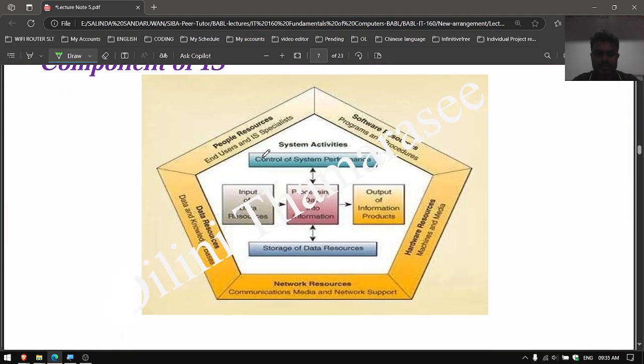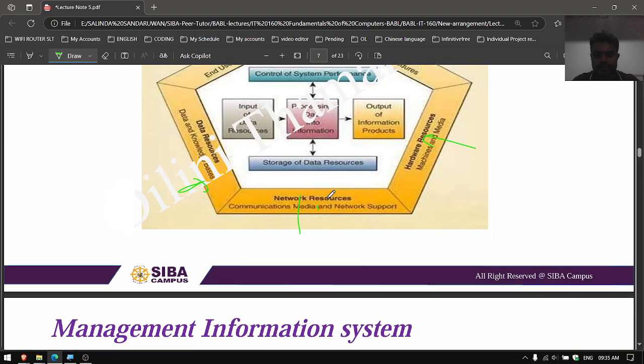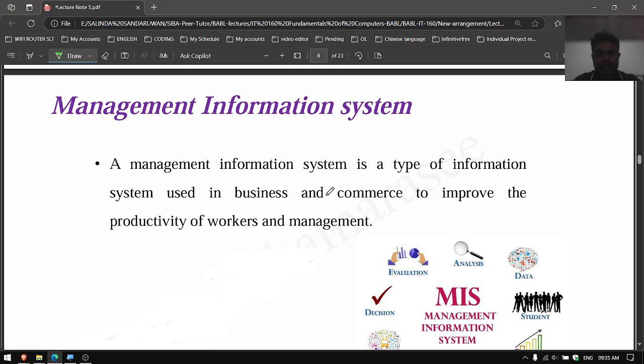Components of an information system: people resources, software resources, hardware resources, network resources, and data resources. Input data, process data, output data. And there's a system to control the systems also, right? Then there's a storage part. You can refer to more graphics on the internet.